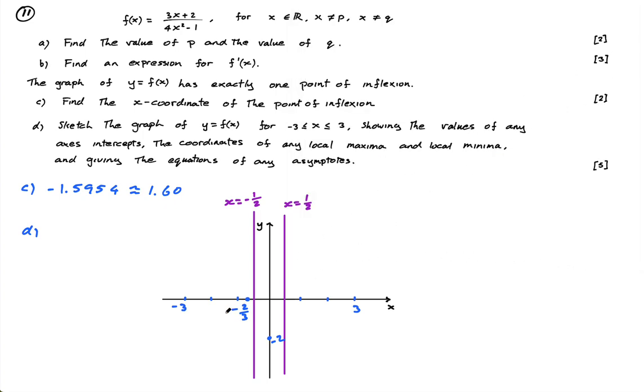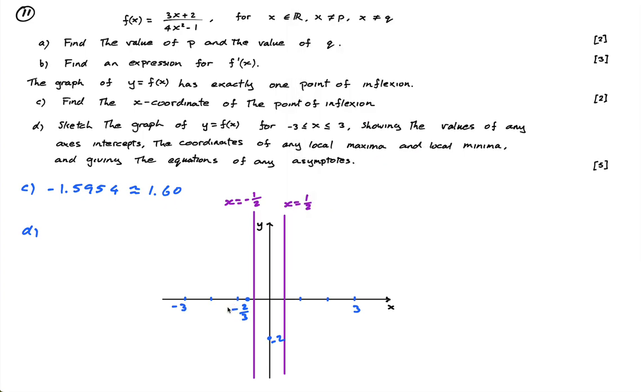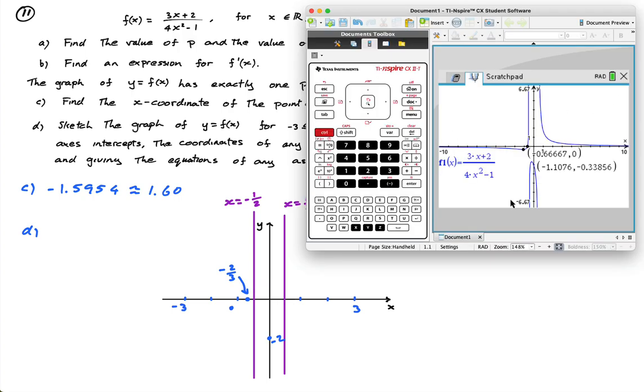Okay. -1.1. So that'll be over here somewhere. And then -0.3. This is slightly annoying. I'm going to move this here. You could even put an arrow, guys. This is my x-intercept. And then this point is -1.1, -0.3 here. That's my minima.